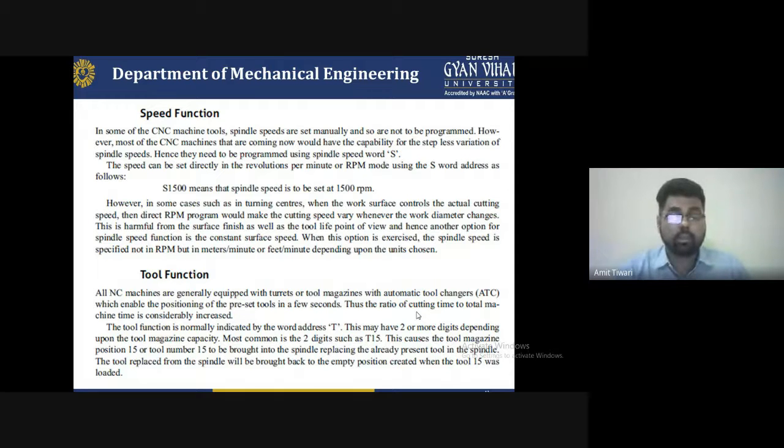Next is the tool function. What is a tool function? All numerical control machines are generally equipped with automatic tool changers, which enable the positioning of a preset tool in a few seconds.